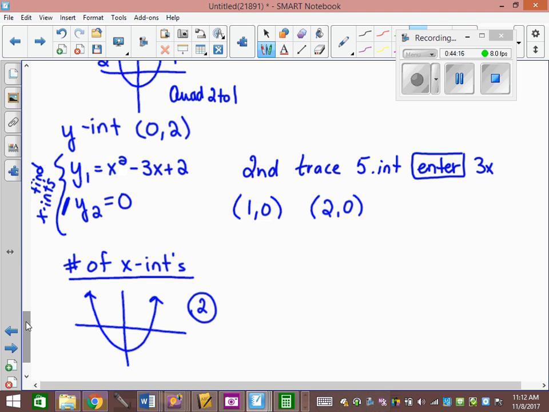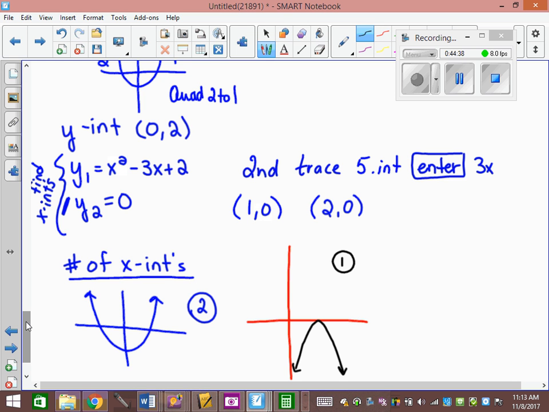Or what's another option? It could run tangent with it. It could come up, touch it once, and then bounce back down. And then you would have 1. So people have given me those options. They said you can have 2 x-intercepts with a quadratic, or you can have 1 x-intercept with a quadratic.